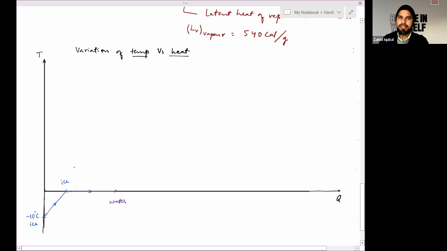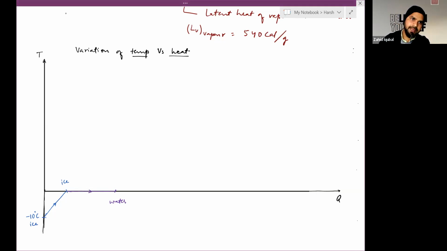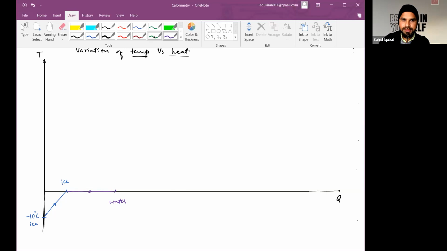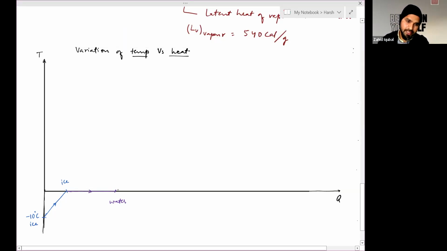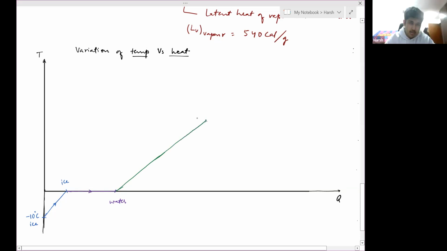That's why it is called latent heat, hidden heat, since there is no significant change in temperature on supply of heat to this substance. Further, at this point, ice is at 0 degrees Celsius. If you start heating further, the temperature of water will start rising from 0 degrees Celsius to maximum 100 degrees Celsius.